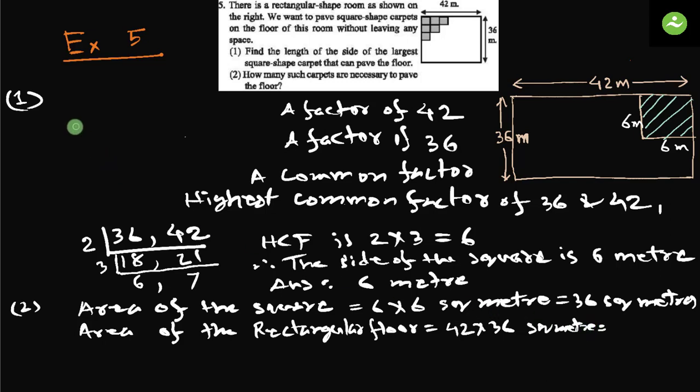Let us multiply 42 and 36. 6 into 2, 12, and so on. The area equals 1512 square meter.